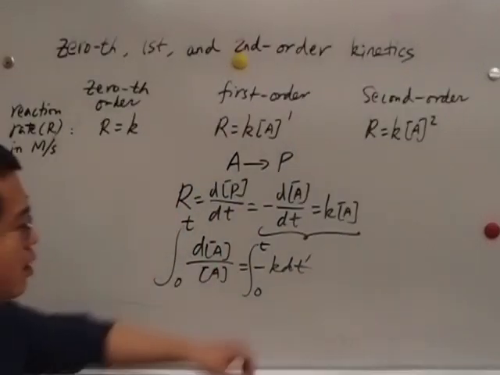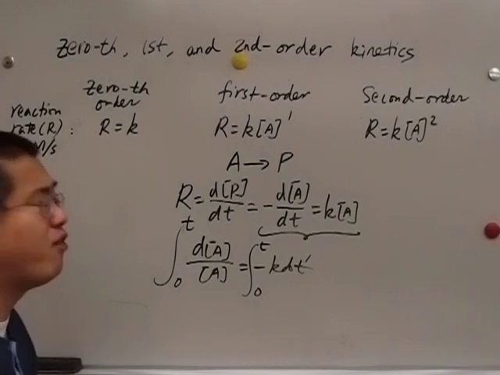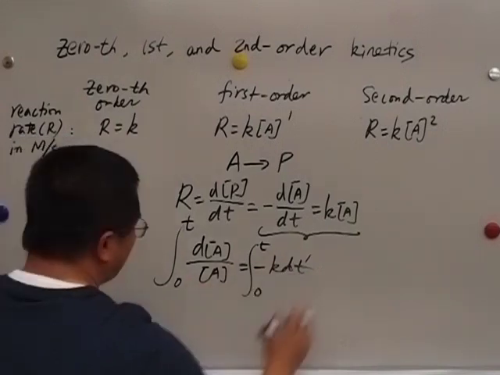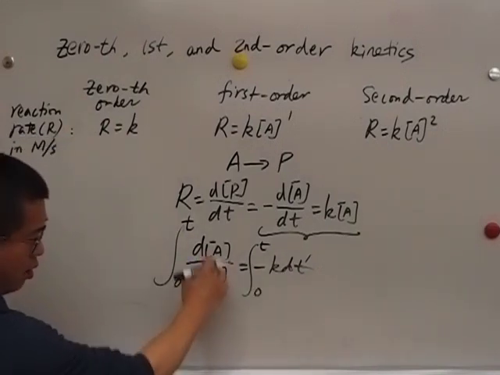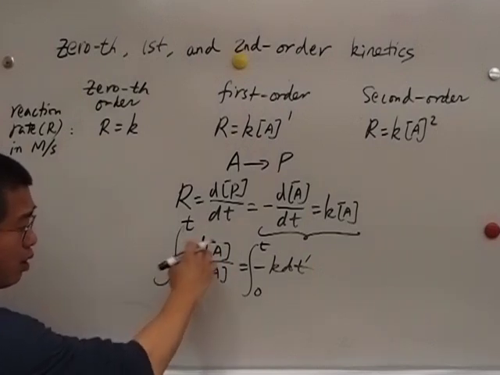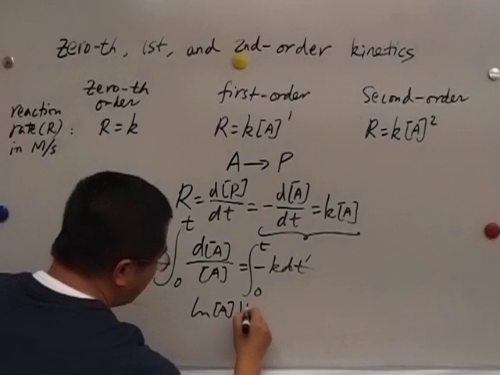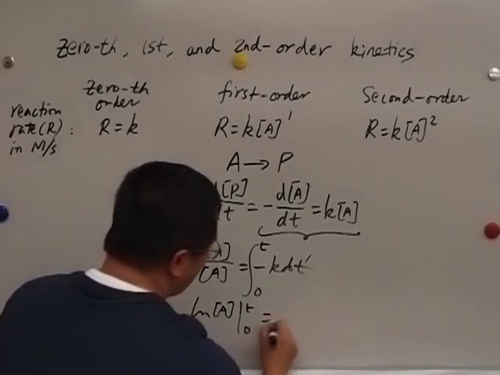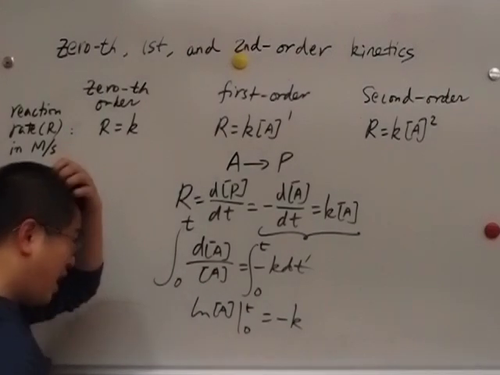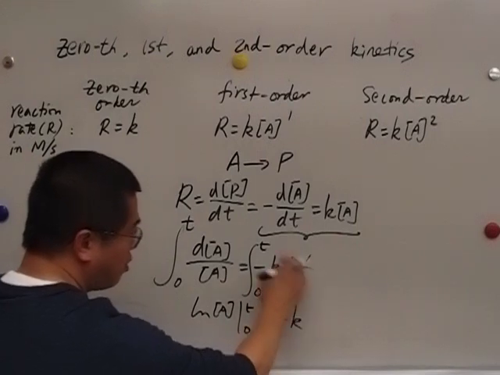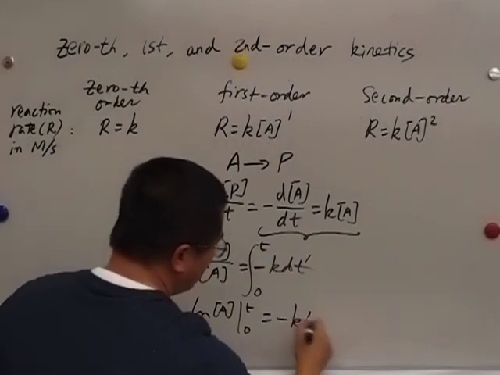It doesn't matter if you use t or t prime or alpha or beta. So we're going to just do this. This integral is the natural logarithm of A from time 0 to time t, equal to negative k. Again, you just plug in t prime equals t and t prime equals 0.